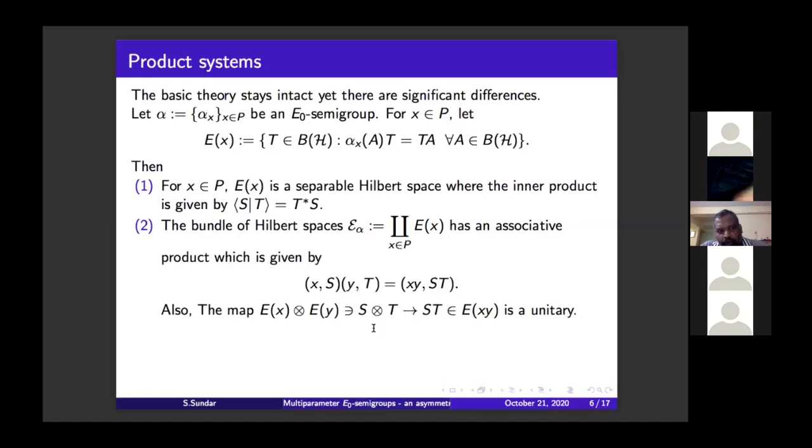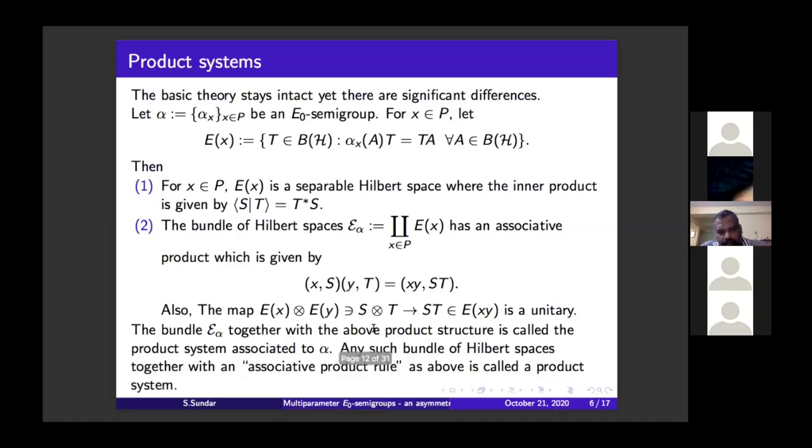This is called the product system associated to alpha. The bundle E alpha, together with the product, not just the bundle of Hilbert spaces but also with the product, is called the product system associated to alpha.